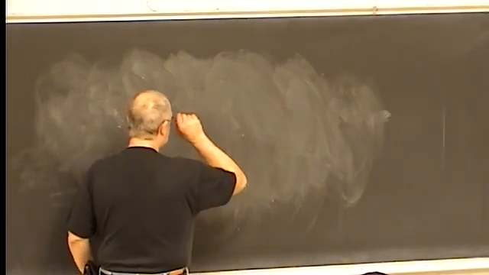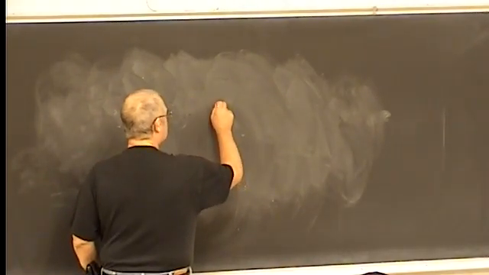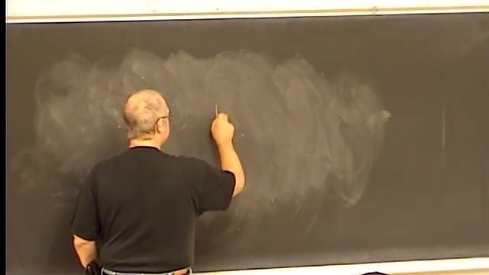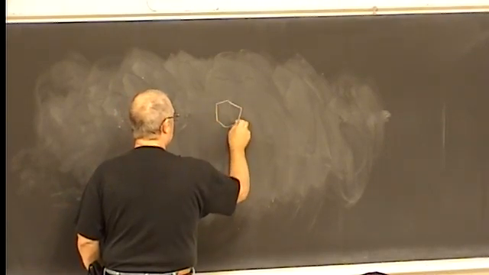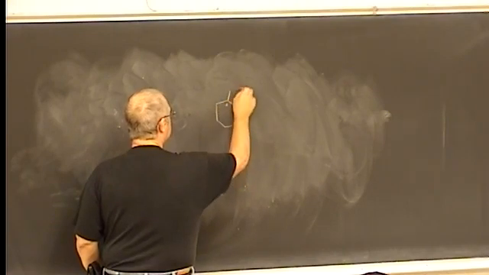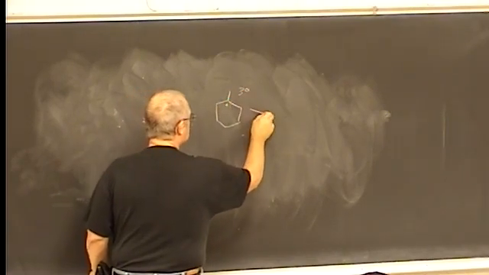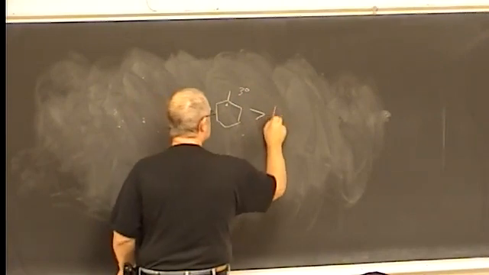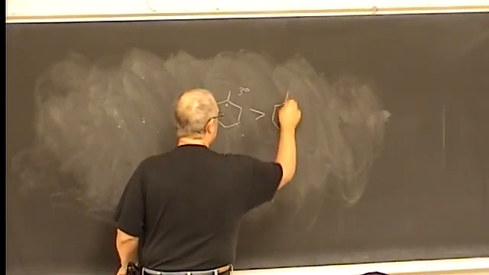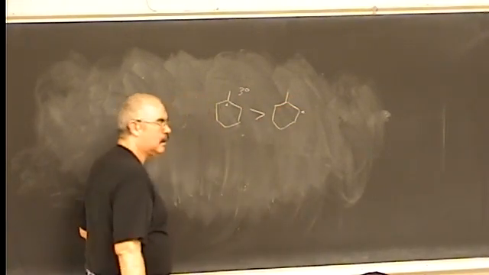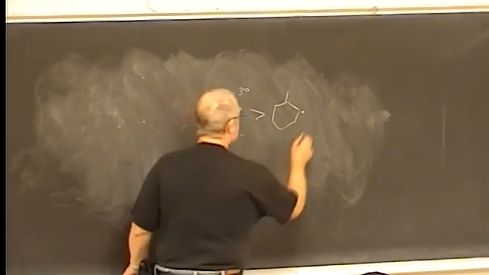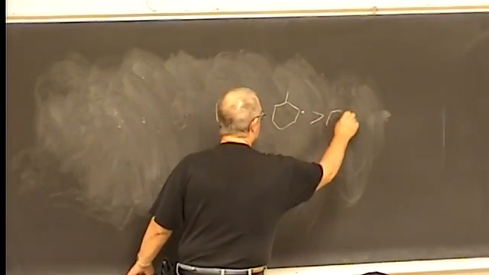The more substituted a free radical is, the more stable it is. Okay, so for example, this is a tertiary free radical. This would be more stable than a secondary free radical, say this one here. That is more stable than a primary.